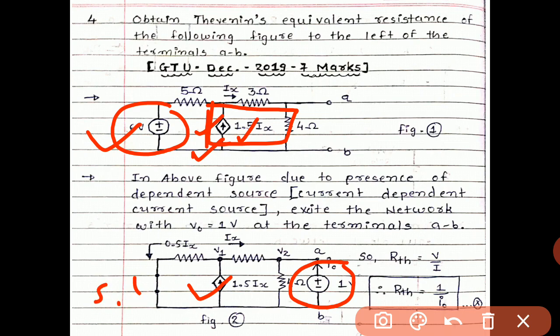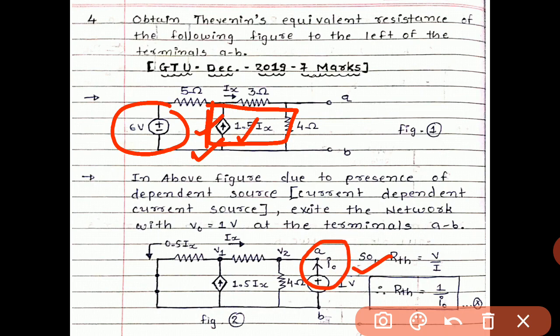So from this figure we can write the equation of RTH, that is V upon I. So RTH equals V upon I. V equals 1 volt, and the current, capital I instead of I0, will flow from this circuit.